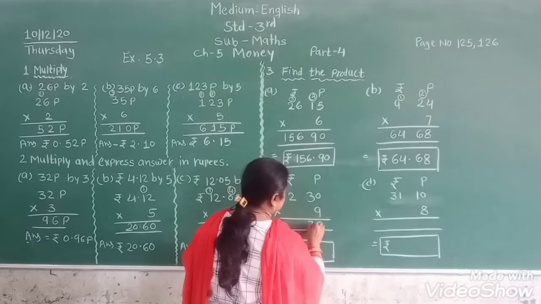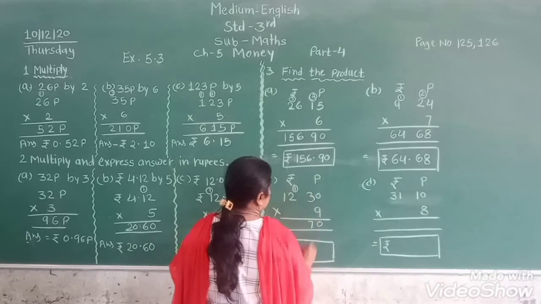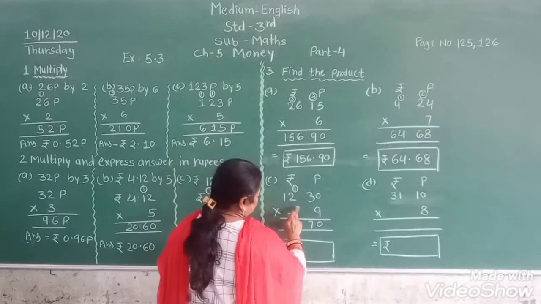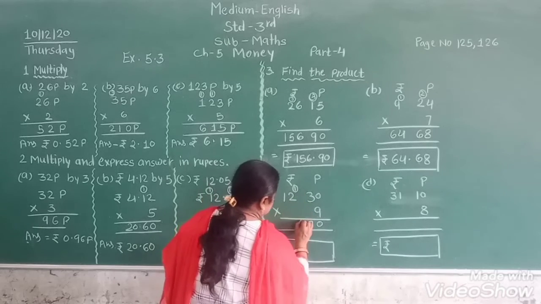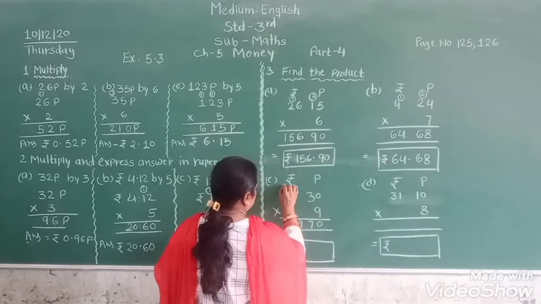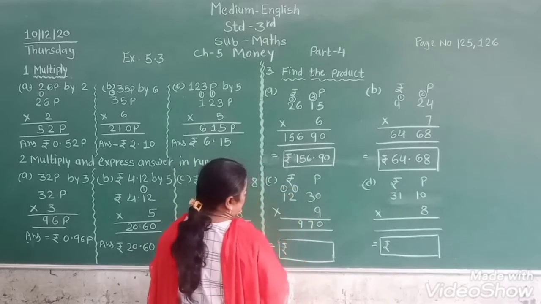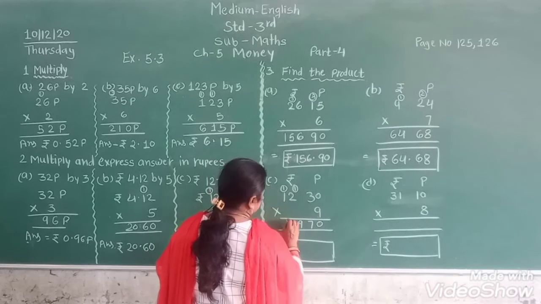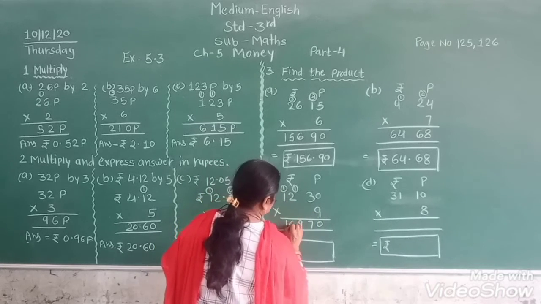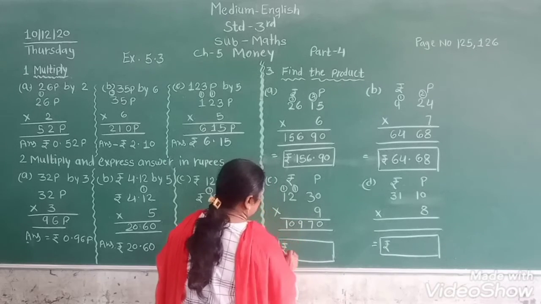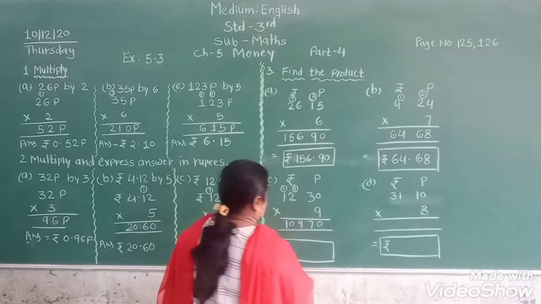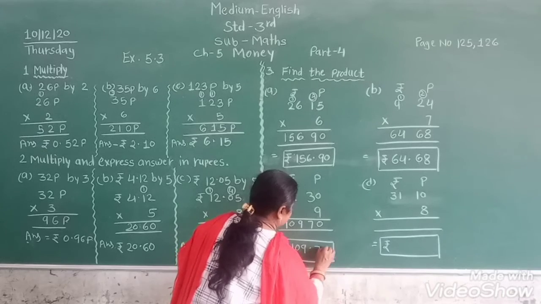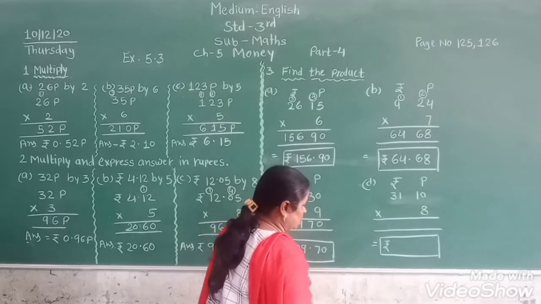So we write 7 here. 1 carry over. 9 2s are 18. 18 and 1, 19. 1 carry over. 9 1s are 9 and 1, 10. So 109 rupees and 70 paise. Okay.